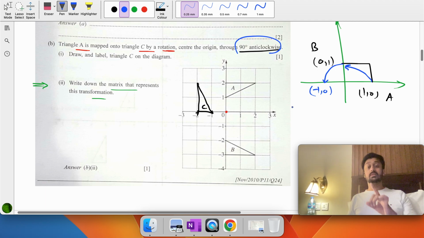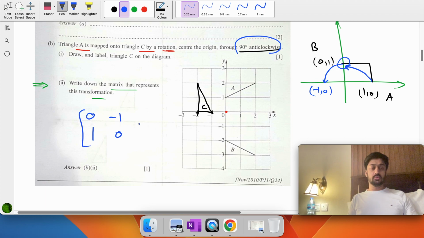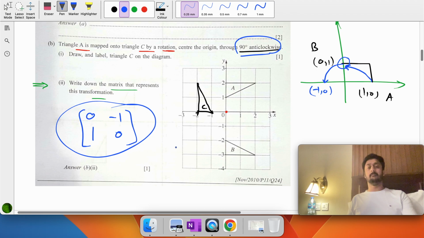Now what is the result of A in this transformation? Result of A is now x0 y1, and result of B is minus 1 0. You do not have to memorize this. You cannot memorize this. Just understand this logic, and this is it. 90 degrees anti-clockwise rotation about the origin is represented by this matrix.